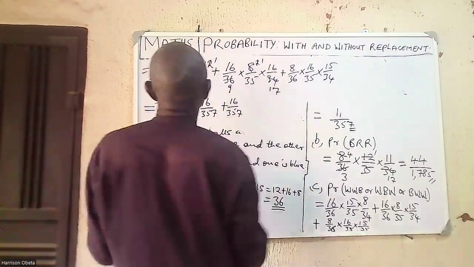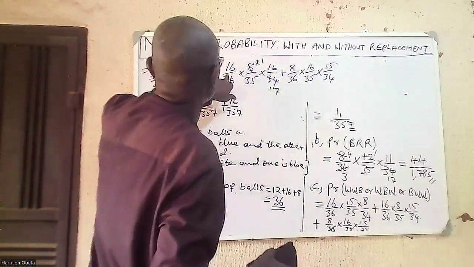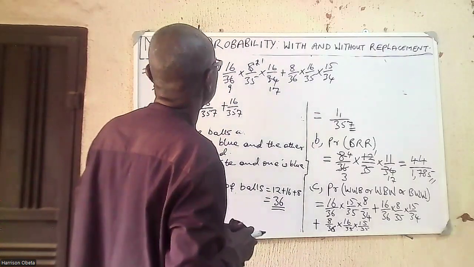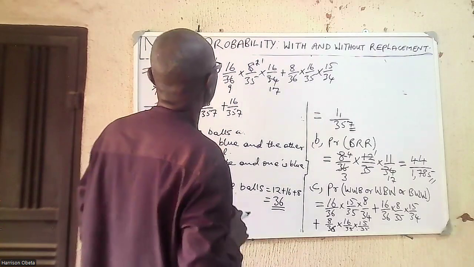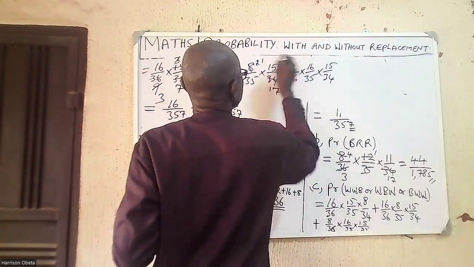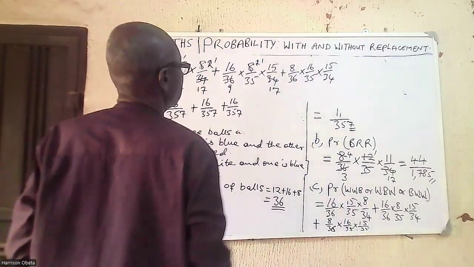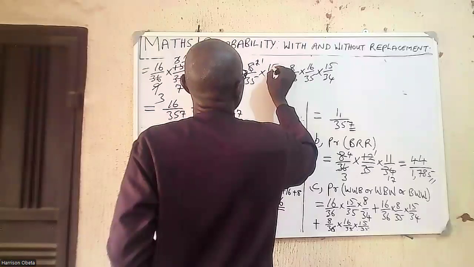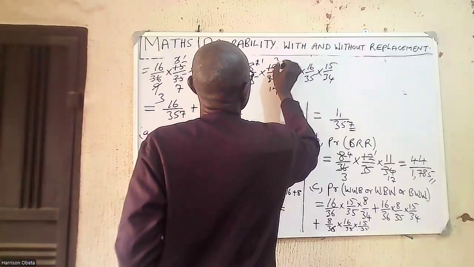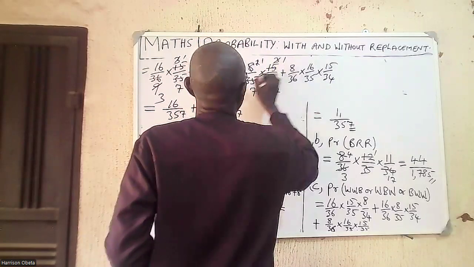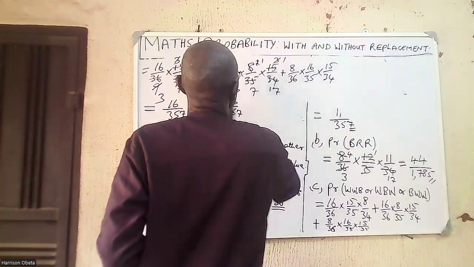I think something is missing somewhere. Okay, yes, there's a mistake here. This should be 15 and not 16. So this one, 5 here, 3; 5 here, 7; 3 here, 1; 3 here, 3.